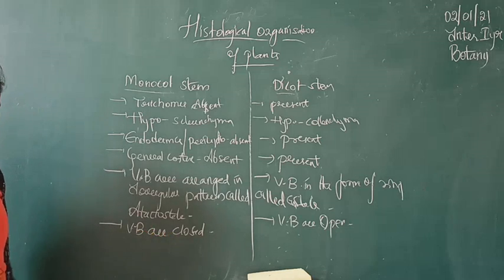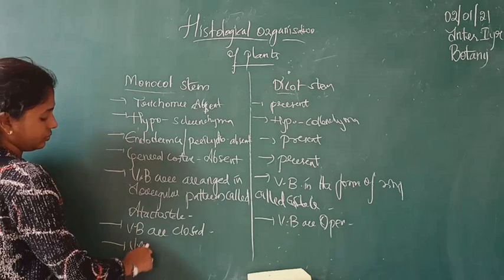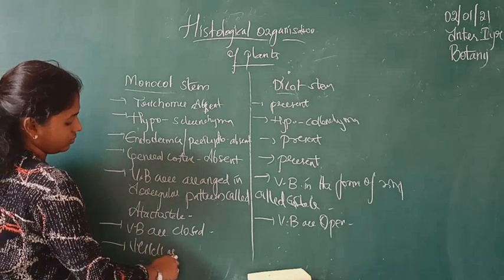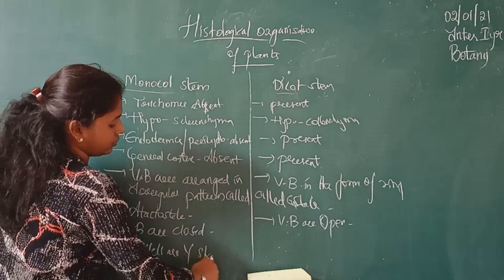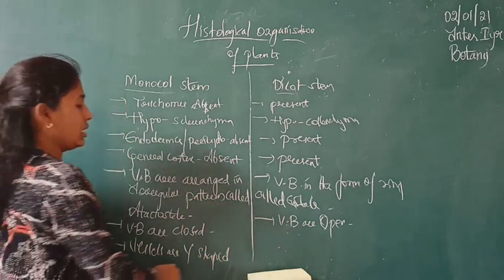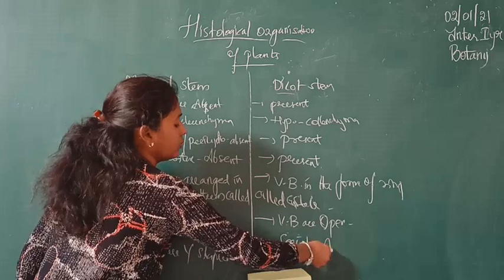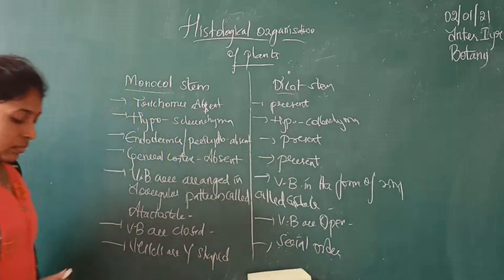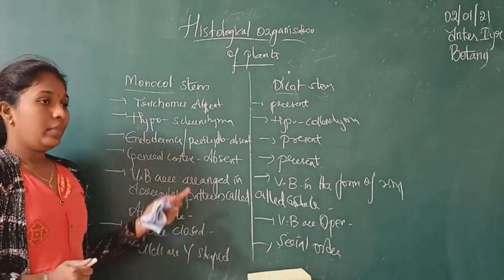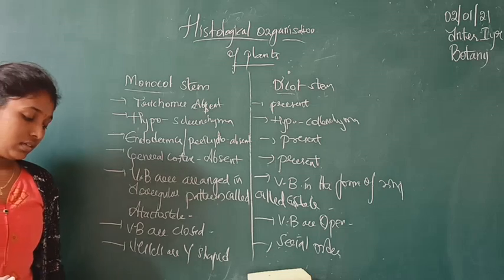The vessels here are Y-shaped, and there the vessels are in a serial order. And phloem parenchyma is absent in this case, and here phloem parenchyma is present.